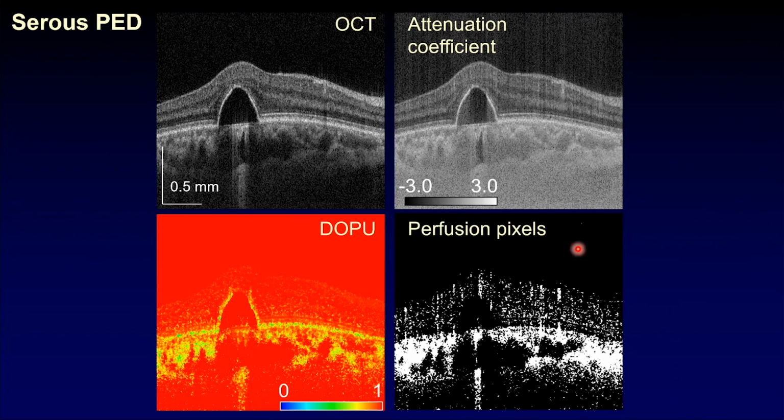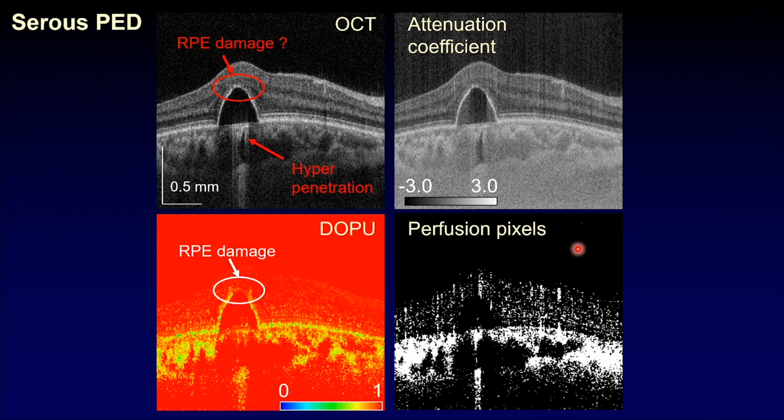Now from this, we surely can compute the non-perfusion pixels, right? From this OCT image, we see a hyperpenetration here, right? Abnormal high signal. This is actually an indicator of retinal pigment epithelium damage, but it's not clearly seen in OCT. But by checking the polarization uniformity image, we see a clear damage of the retinal pigment epithelium.